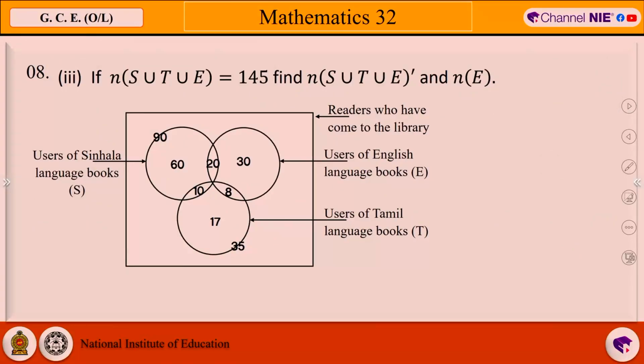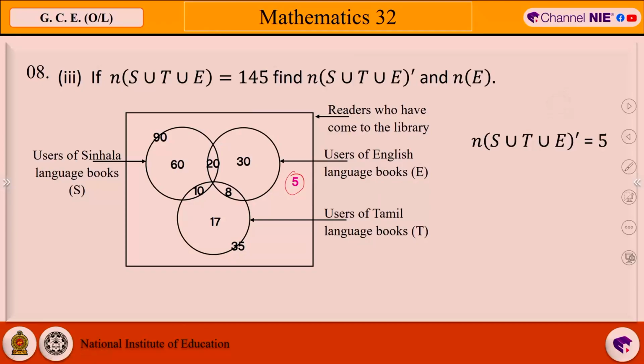Then, in the third part, it is very easy. You can easily find the value of the complement of n(S union T union E) as 5, because the total is 150, if you subtract 145 from 150, you will get this 5.